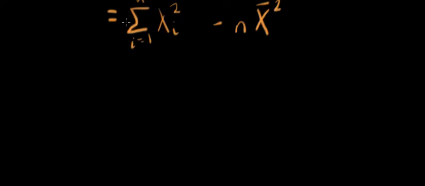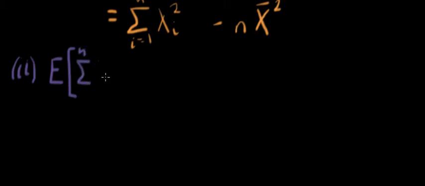So moving on to part 2 of this proof. That is the expected value of the sum of all these random variables squared, subtract n X bar squared.